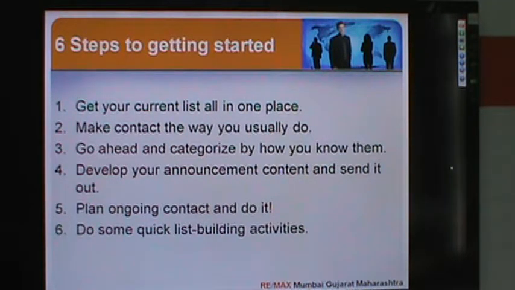So 3, go ahead and categorize by how you know them. First, we are getting a correct list of all in one place. Then we start making contact the way you usually do, and then we categorize by how you know them. As you progress in your career and your knowledge of contact management, you will find that you want to have certain common types by which to identify contacts.